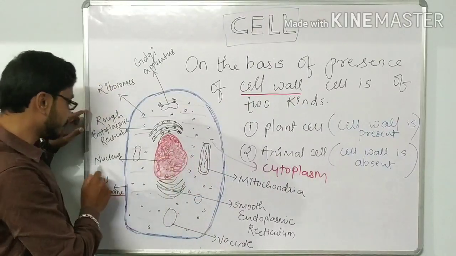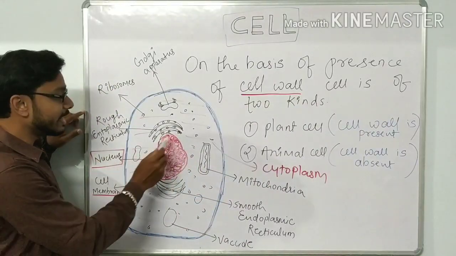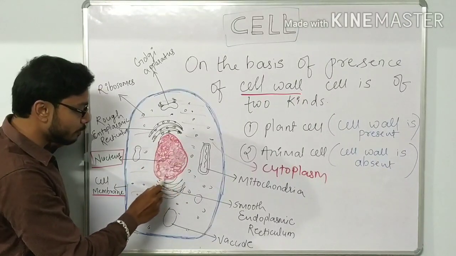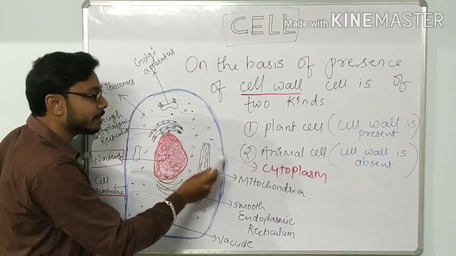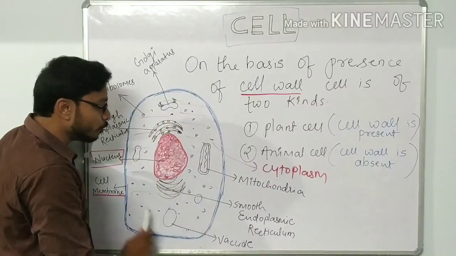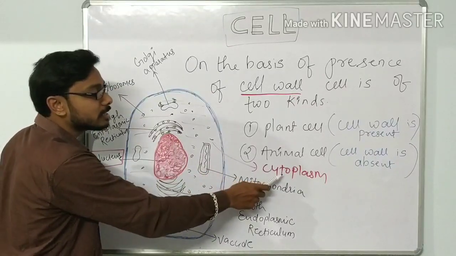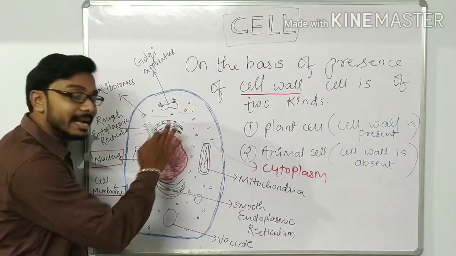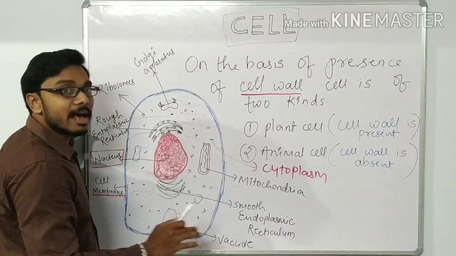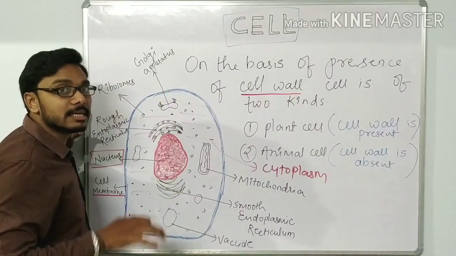This is a nucleus, and the outermost structure of the nucleus is known as the nuclear membrane. So between the nuclear membrane and cell membrane there is a fluid, known as cytoplasm. It is the living content of the cell, and in that content there are many cell organelles suspended.